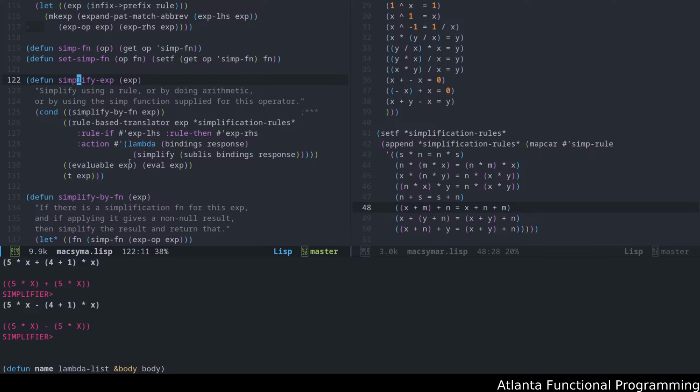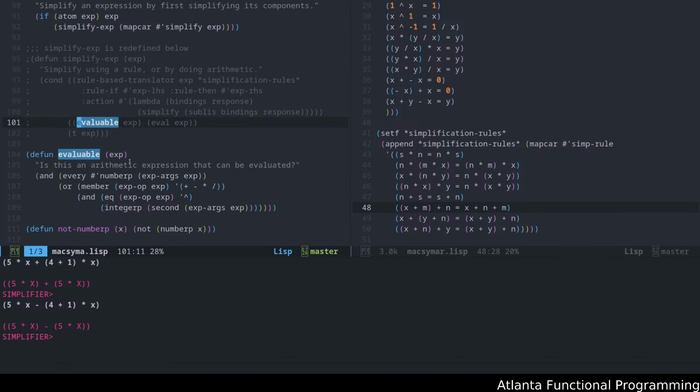Now, what this means is we need to go and look at this evaluable expression function.